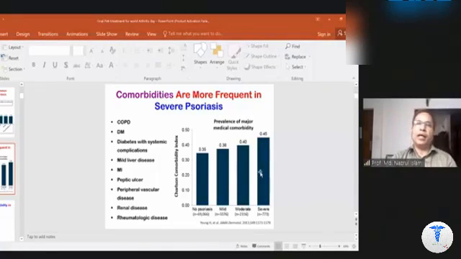The more severe the psoriasis and psoriatic arthritis, the more comorbidities are related.